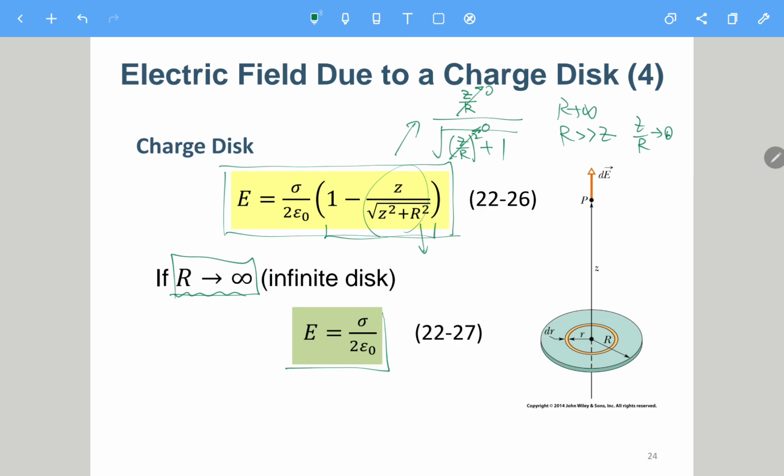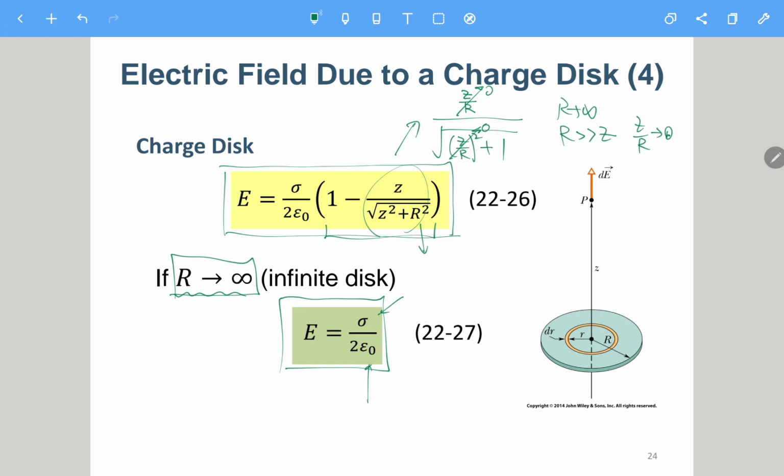So finally, it becomes a very, very elegant expression: E equals sigma over 2 epsilon naught, where sigma is the surface charge density and epsilon naught is the permittivity constant. So this whole thing is a constant, which means that if we have an infinitely large disk, it will generate an E field that is uniform in space.